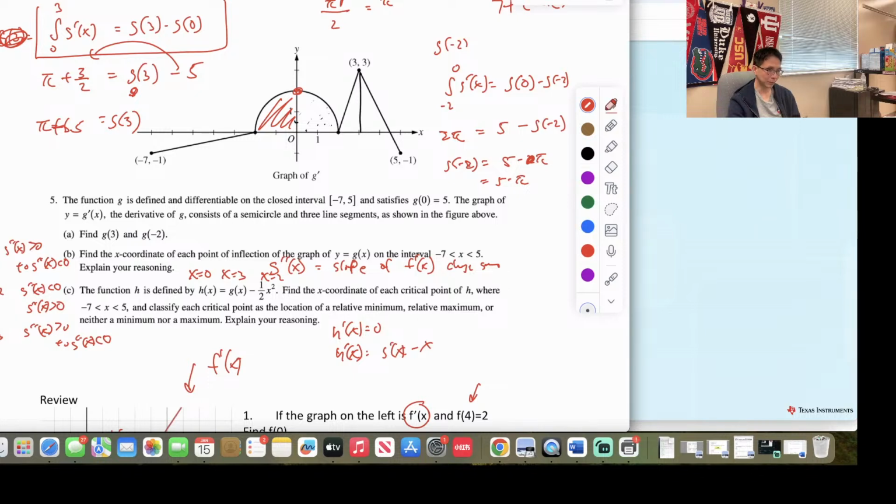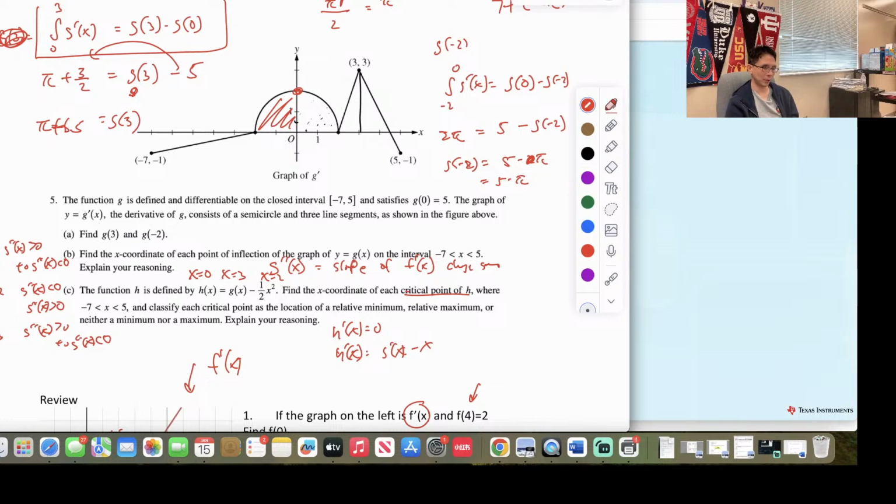I take a derivative, because I'm trying to find h prime of x equal to 0, since they say critical point, right? Am I going too fast? A little bit. They say find the x coordinate of each critical point. Critical point means h prime of x equal to 0, but I need to take a derivative.